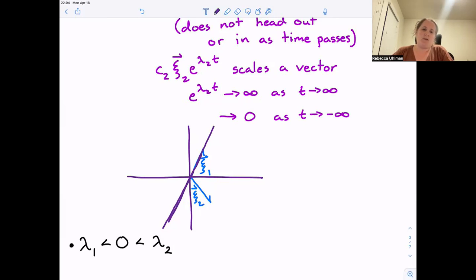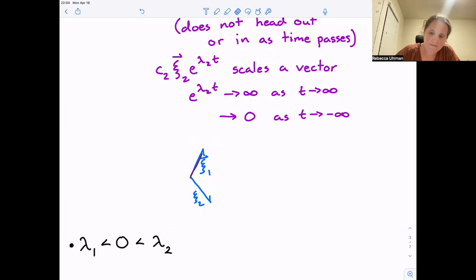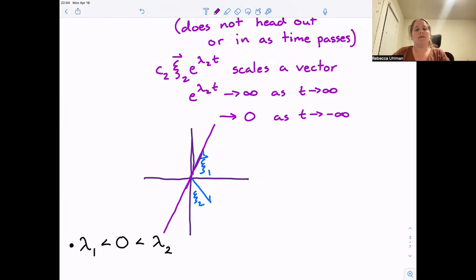Then what we will get from there, oh, I meant to do that in another color. I apologize. Okay, let's put our coordinate system back in and do this in a different color. So again, along psi1, we just stay constant.